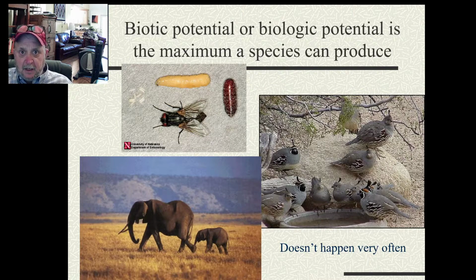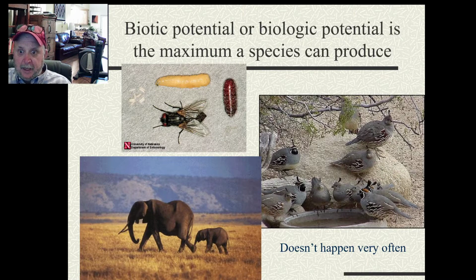We also, as biologists, want to know the biotic potential or biological potential of each species. And that is the maximum number of young that can be produced each year. So for example, a fly, believe it or not, can produce almost 5 million young in a year if it survives all that time.